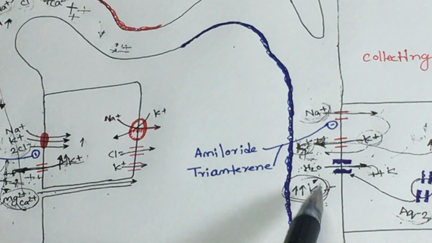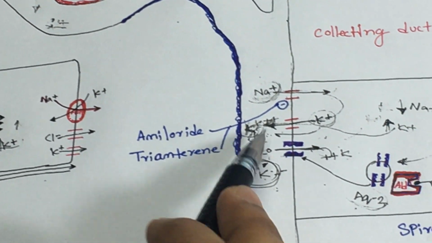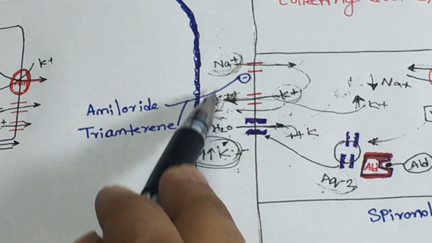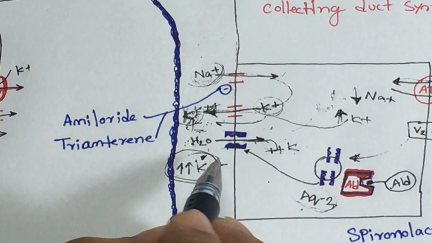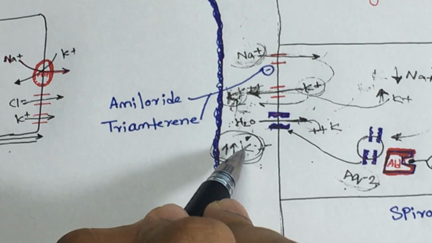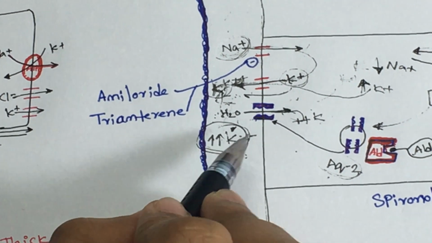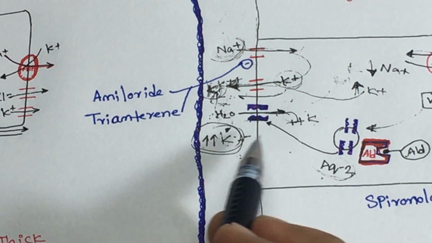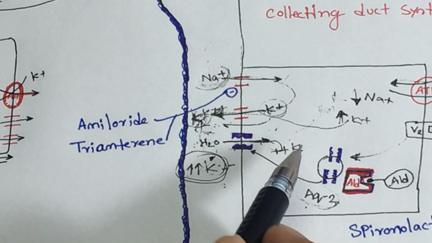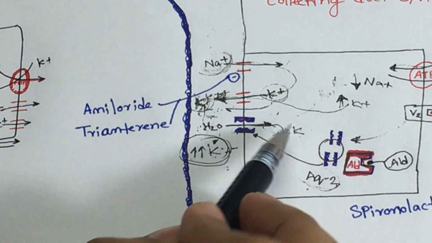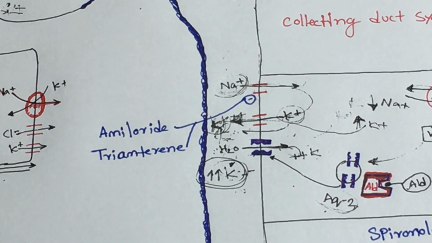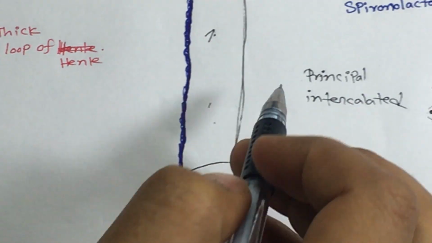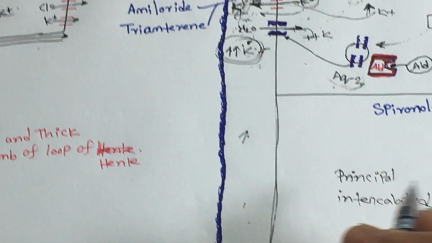Tubular flow increased means we are washing out the tubular potassium level from this area. So concentration difference will be increased, because from here you already washed out that potassium. That means the concentration difference between this intracellular potassium level and luminal area level will be increased. So more potassium will be excreted into the urine, and this will make the hypokalemia.